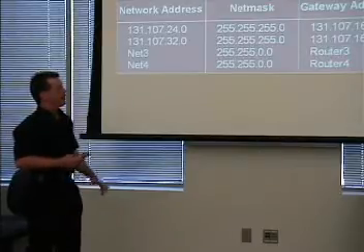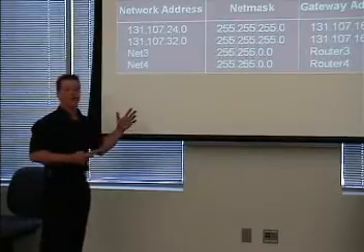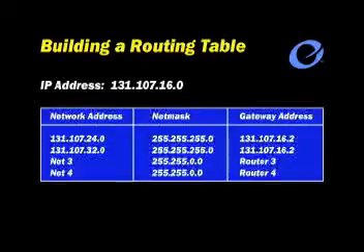A routing table example looks as follows. We see a network address, or an IP address or the NetBIOS name, that has been assigned to the physical segment by the network admin, mapped to a subnet mask, and also the default gateway address.